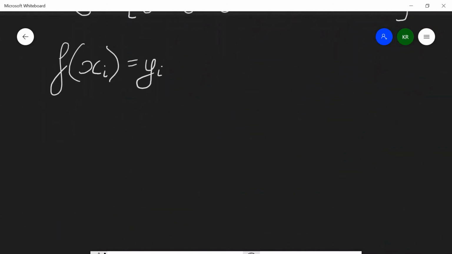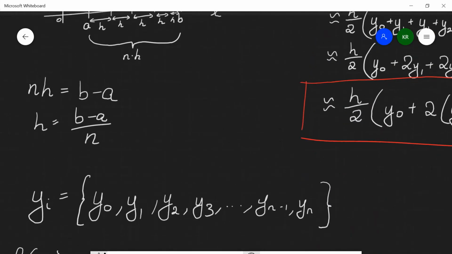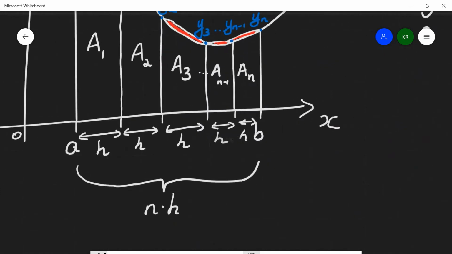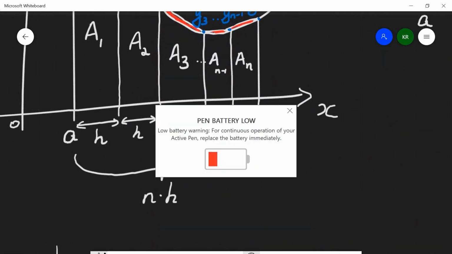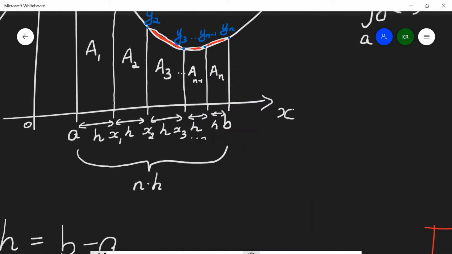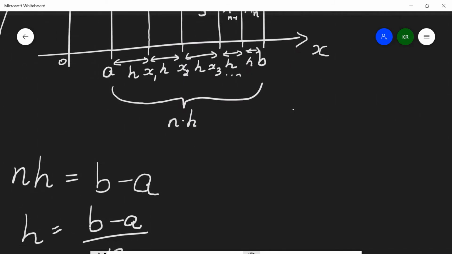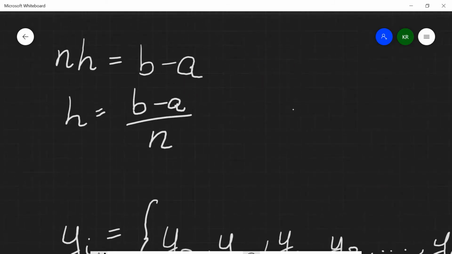And xi, in the same way as in the last video, we can see that, okay, well, x1 is just this coordinate here. That's x1, pen battery low. That's going to be x2, that's x3, right? And so on. So we can see that x1 is just a plus h, where h is an nth of b minus a.